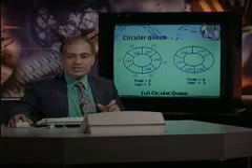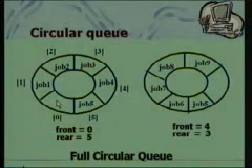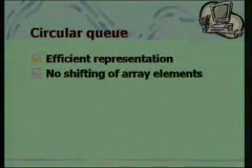So in this diagram, once again, we have shown you a full queue. The real advantage of a circular queue, or one based on a circular array, is that the representation is very efficient, because you don't need to shift any array elements.